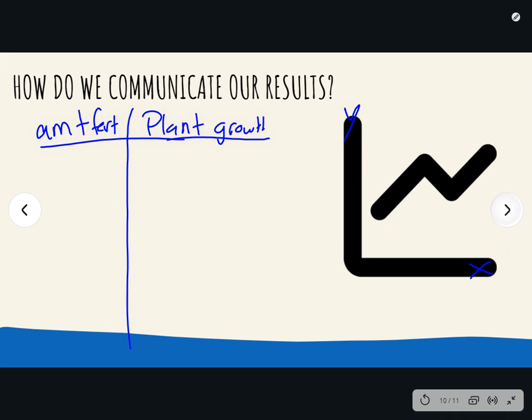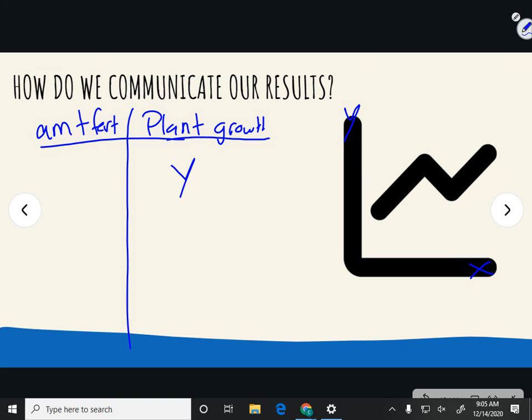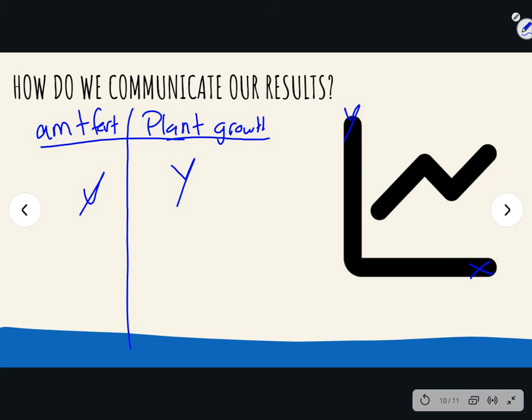So if we were to actually graph our data, right? Say we had a chart, we had all of these numbers. That's our data that we've collected from our experiment. So our x-axis will be our independent variable. So this is going to be the amount of fertilizer, right? So this one's going to have 0 fertilizer.